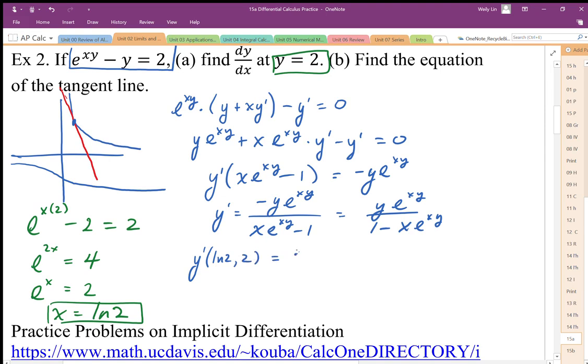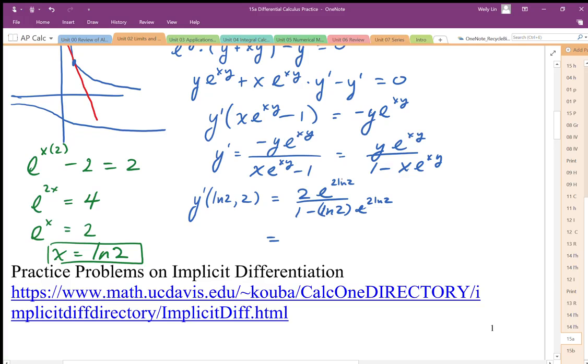My slope value works out to be 2 times e to the 2 log 2 over 1 minus log 2 times e to the 2 log 2.